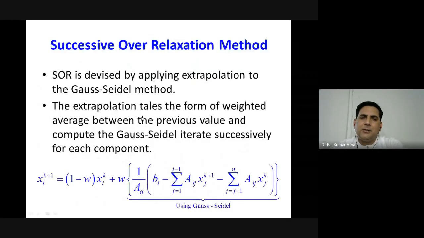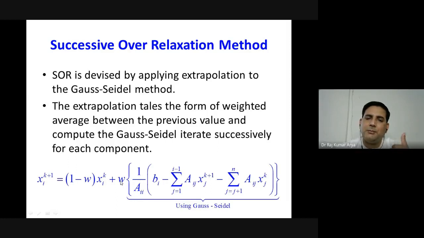The other method is the successive over-relaxation method, which is the same as your Gauss-Seidel one. So this is what you are getting from Gauss-Seidel, but you are just taking a weighted average. Weighted average means you are taking some component of the newly calculated value and some component of the previous value, and that's why you have a weight function W here. This weight is fixed by you. It will not be given by anyone else, neither by me nor anyone else.